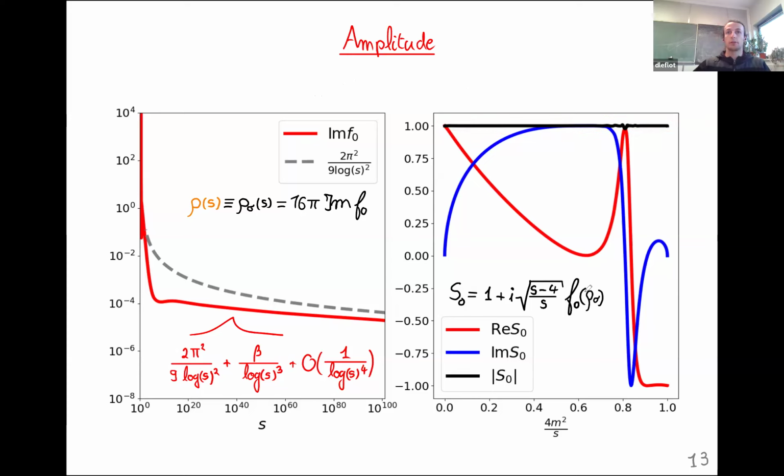I am also showing the real part of the partial wave and its imaginary part, respectively in red and in blue. We can observe that the phase of S0 is quickly rotating. Physically, this corresponds to a resonance.